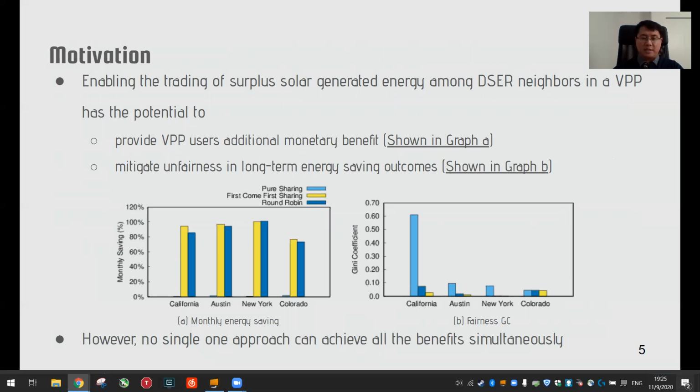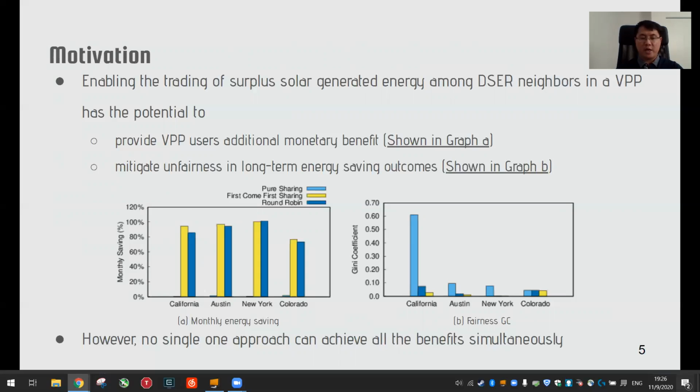We observe from the existing works that enabling trading of surplus solar generated energy among the VPP DSER neighbors has the potential to provide the VPP users additional monetary benefits. It also mitigates the unfairness in long-term energy saving outcomes. So we can see these two graphs here, A and B. The x-axis shows 4 different VPP locations. We reviewed 3 recent energy trading approaches: pure sharing, first come first sharing, and round robin.